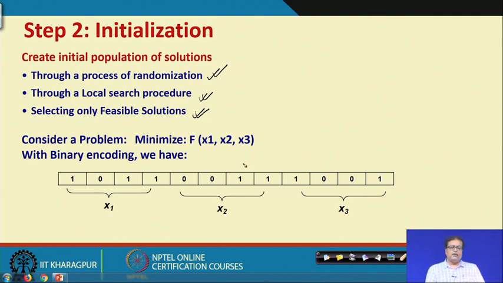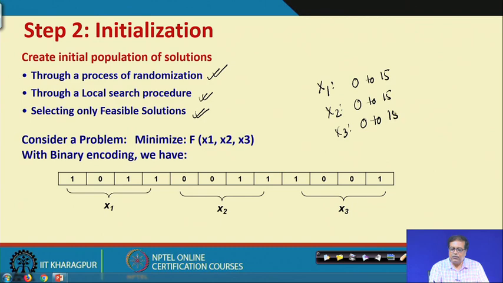So, supposing it is known that x1 varies from 0 to 15, x2 varies from 0 to 15 and x3 also varies from 0 to 15.